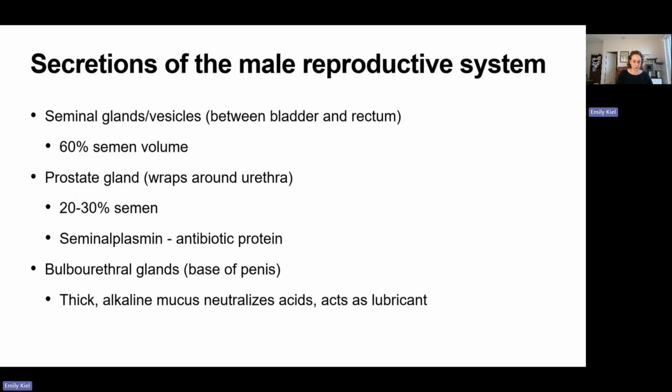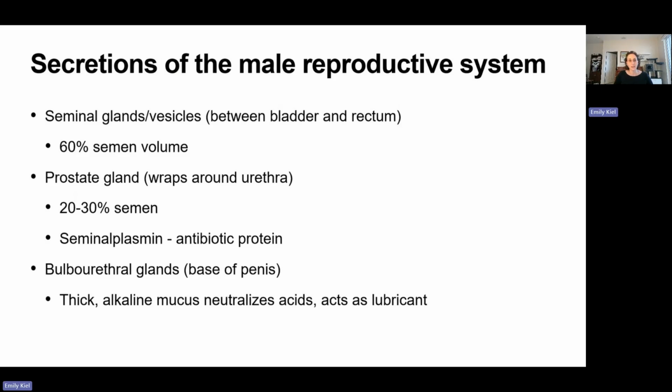So we've got several secretions of the male reproductive system. And so we have the seminal glands. They're also known as the seminal vesicles, and those are between the bladder and the rectum. And that makes up 60% of the semen volume. And remember, that is really important for capacitation and for the sperm to gain the ability to move.